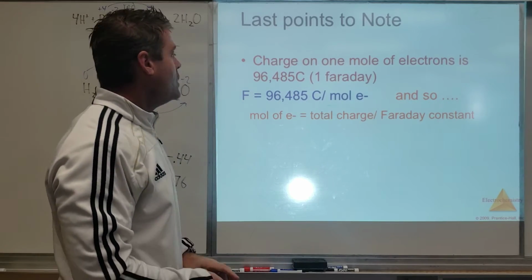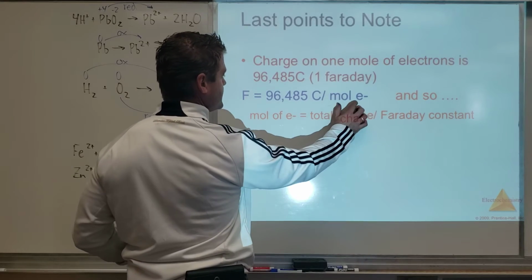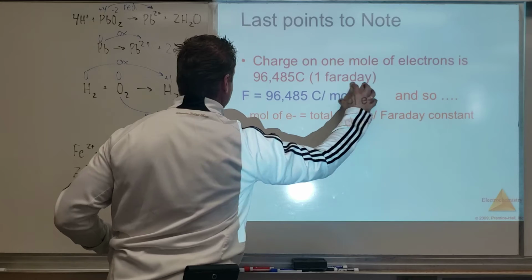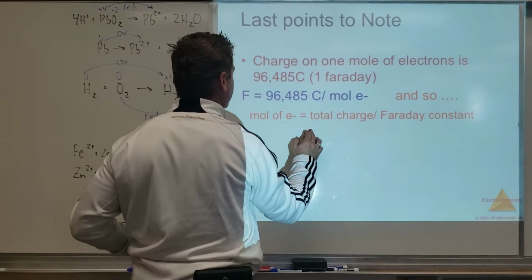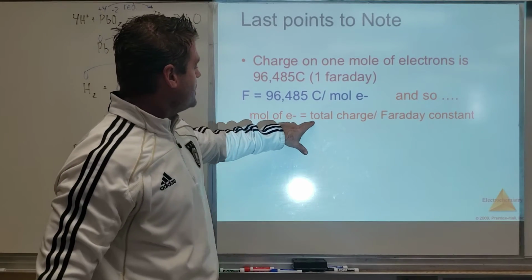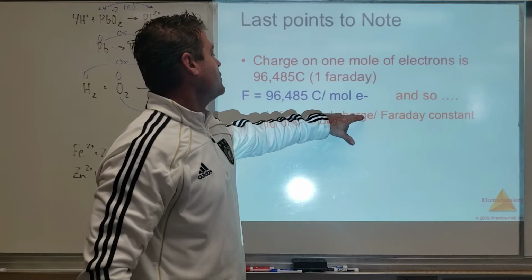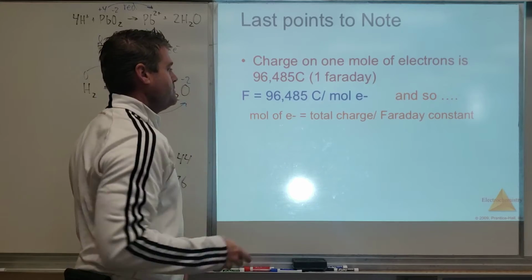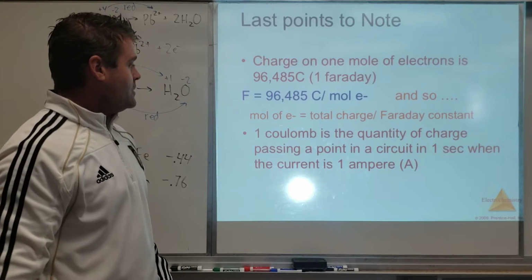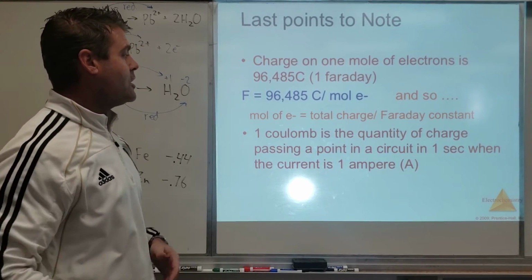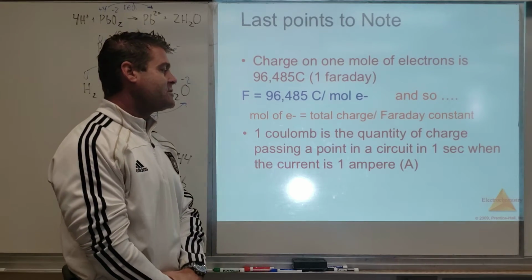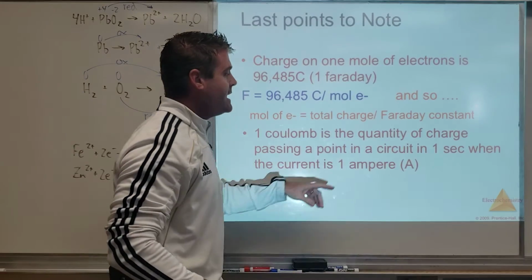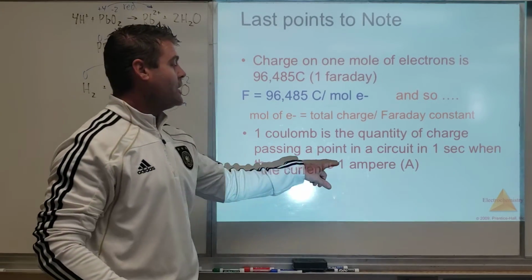And so we could rearrange this. Remember it's per mole, so I multiply both sides by mole of electrons, then divide by Faraday's constant. A mole of electrons is equal to your total charge divided by Faraday's constant. So that's just a way you could manipulate that. Note this: 1 coulomb of charge is the quantity of charge passing a point in a circuit, where a circuit is just the path where the electrons flow, every second when there's a current of 1 ampere.